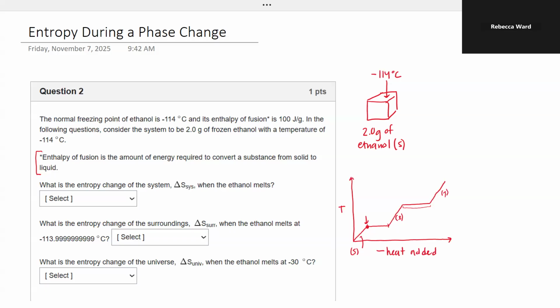And since it's already frozen, we're going to be asking about it melting. So we're going to a puddle of ethanol that would also be at negative 114 degrees Celsius. And this will be a liquid.